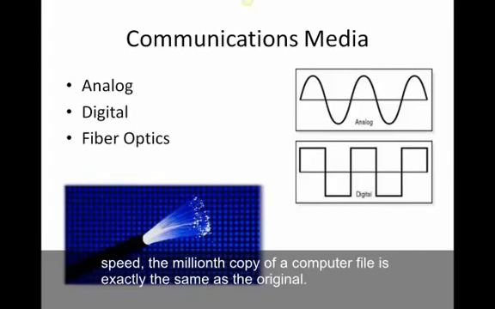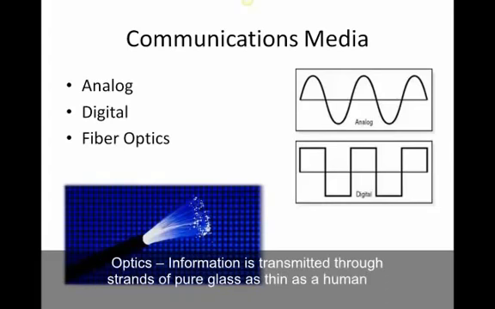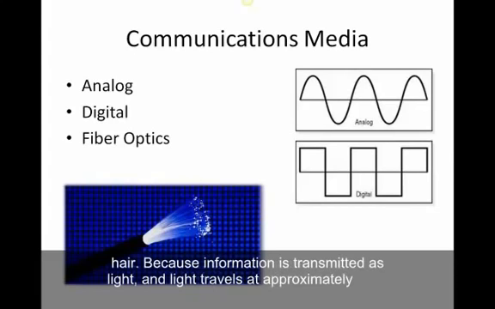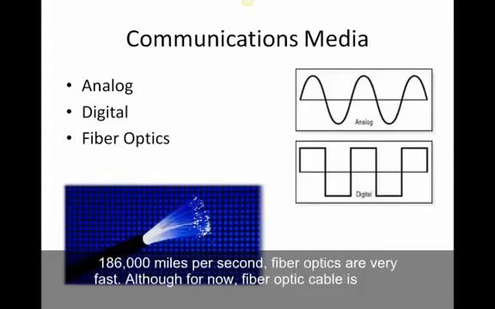Fiber optics are something that are growing in popularity, although they're rather expensive still. With fiber optics, information is transmitted through strands of pure glass as thin as a human hair. Because information is transmitted as light, and light travels, I think, approximately 186,000 miles per second, something like that.